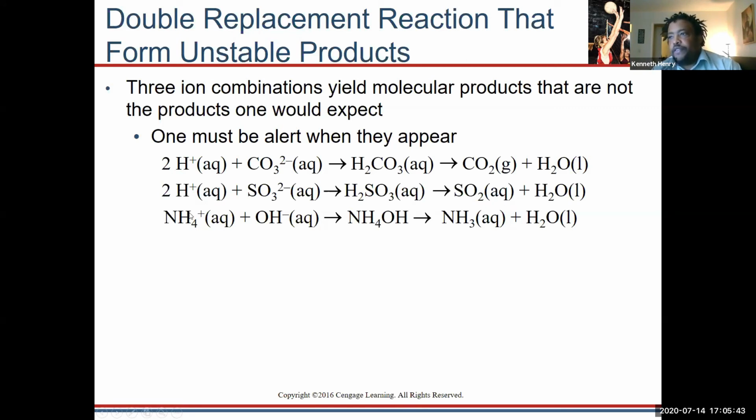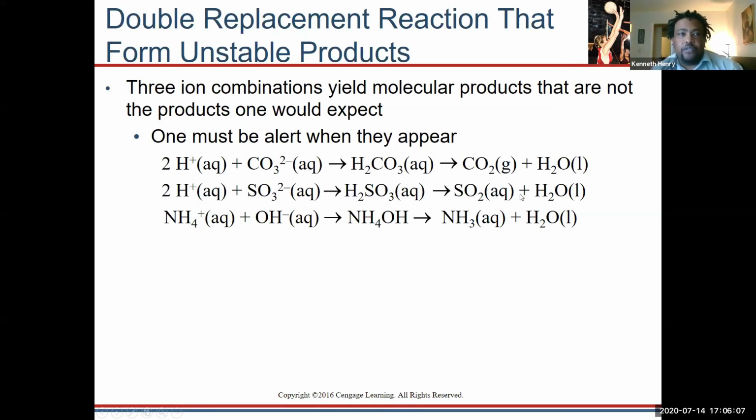And then if we have these 2 ions that come together, they're going to form ammonium hydroxide, and that's going to be stable for just a minute, and then you're going to end up with ammonia and water. So these are ones that you want to keep in mind. If you have these ions forming, they're going to form that acid, and then they're going to break down further.